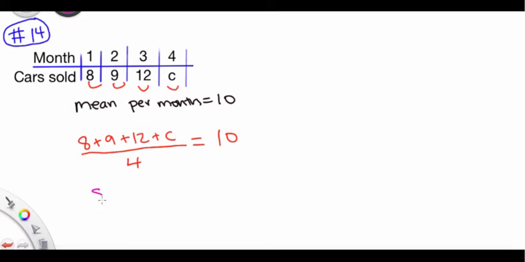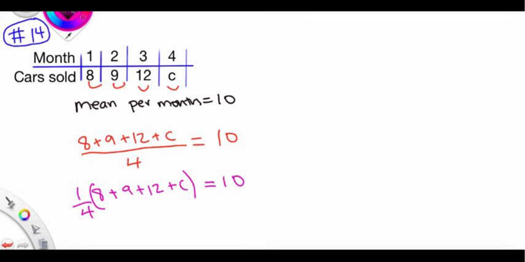We could write it as 8 plus 9 plus 12 plus C is multiplied times 1/4. So when it's multiplied by 1/4 or divided by 4, we have to multiply both sides of the equation by 4 in order to undo the division by 4.